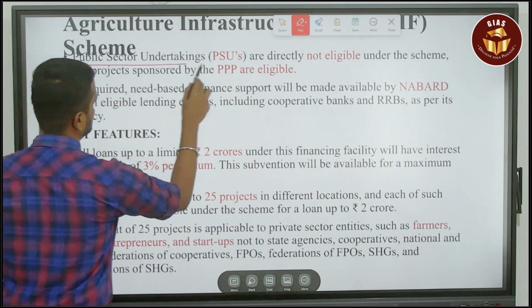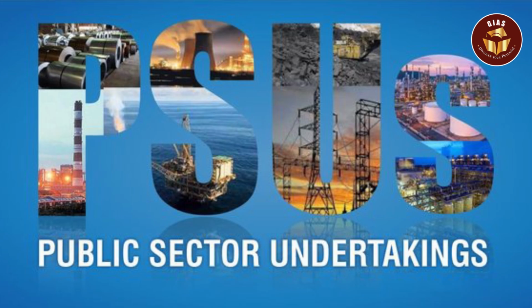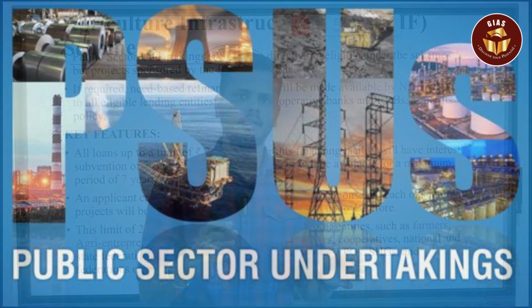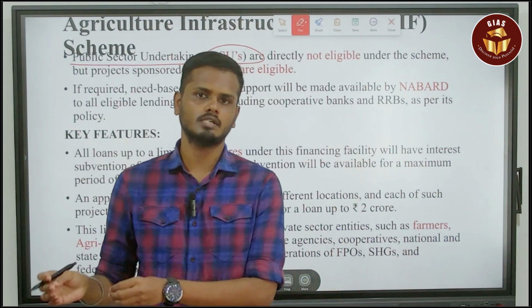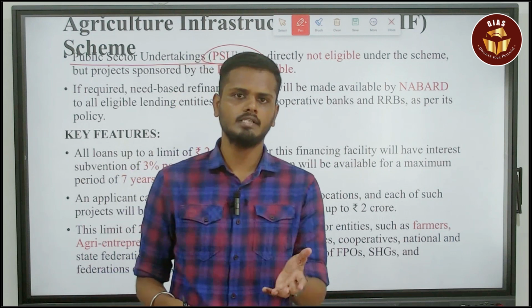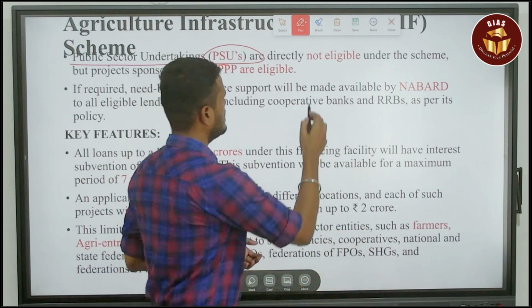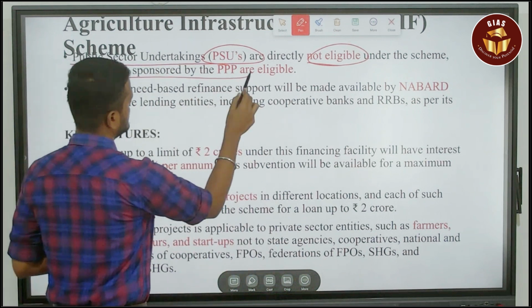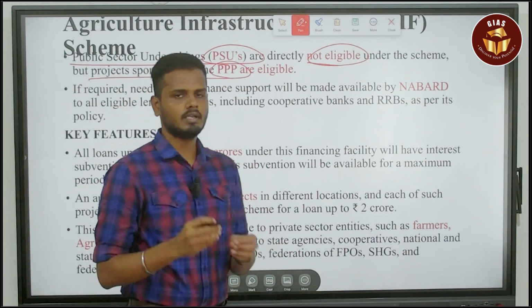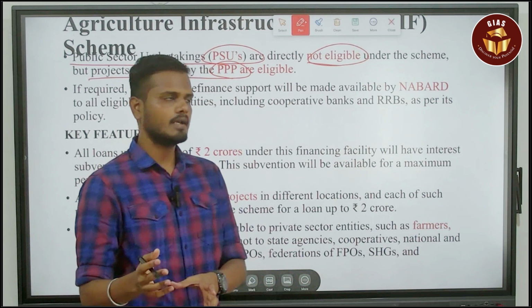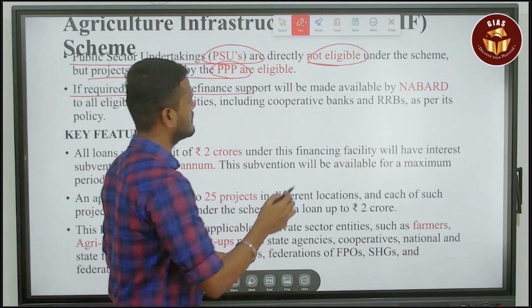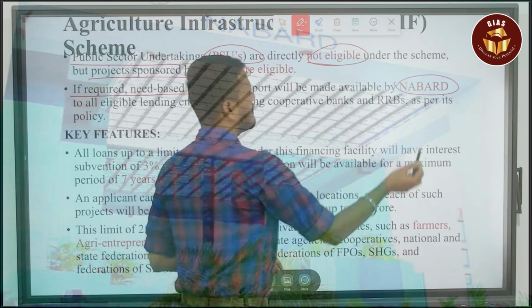Public sector undertakings are not eligible under this scheme, but projects sponsored by public-private partnerships are eligible to get the debt. Then, if needed, refinance support will be made available by NABARD.